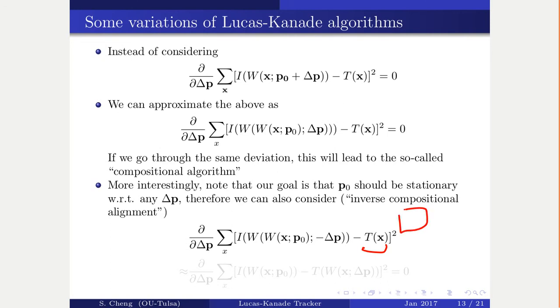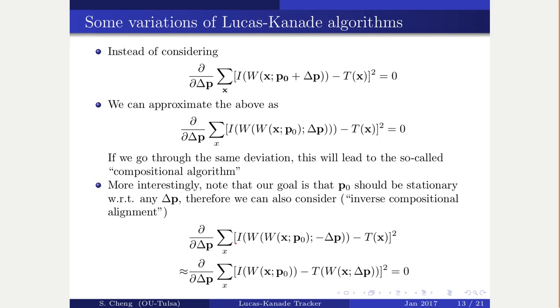So think of it like you have this image here, and you warp it by minus delta p such that it's matched with this guy here. But instead, we can also warp this guy by minus delta p to get into this space and try to match these two. So if we do that, we have this equation instead.